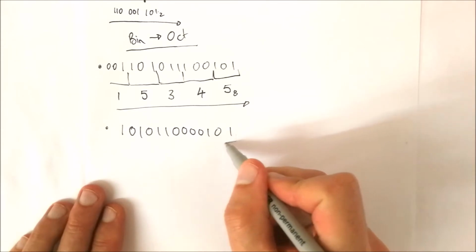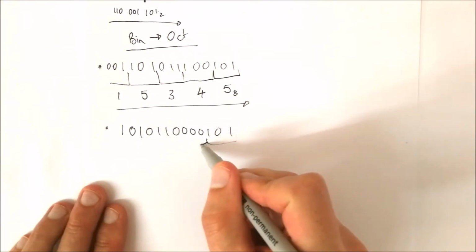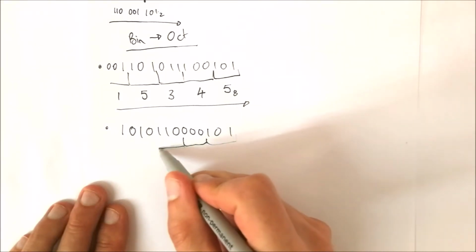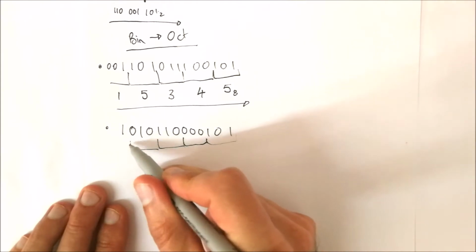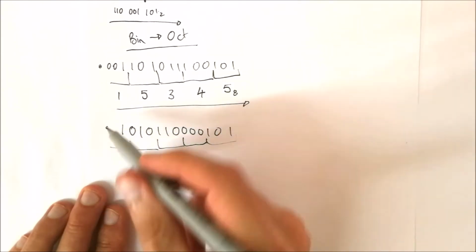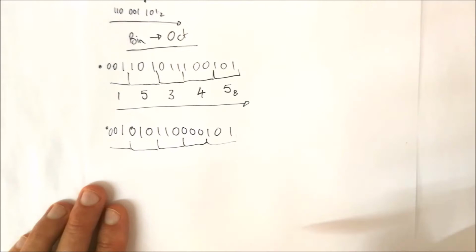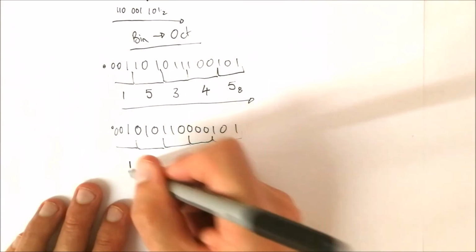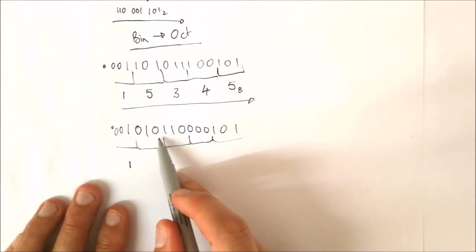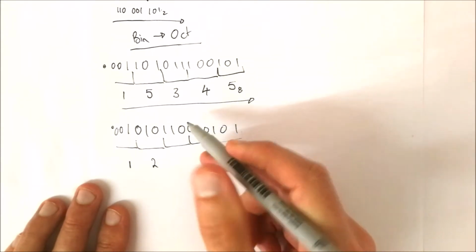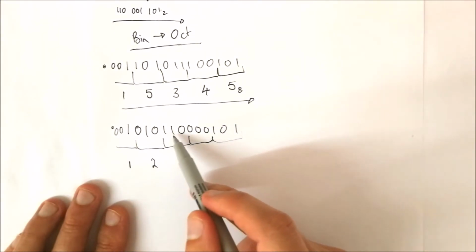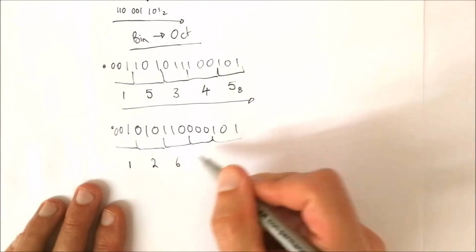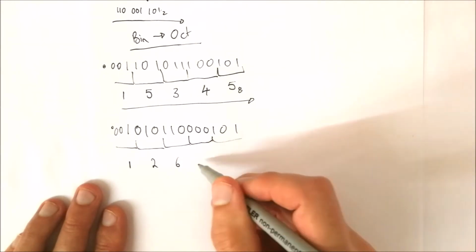So we're going to have 3 over there, 3 over there, 3 over there, 3 over there, and again 1 bit that's on its own, so we're placing 2 zeros in front of it. Okay, so what is 001? Well, that is a 1. What is 010? That's 2. What is 110? That's 4 plus 2, which is 6. What is 000? That is 0.